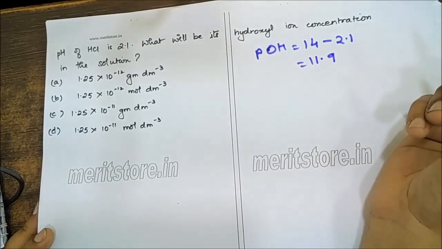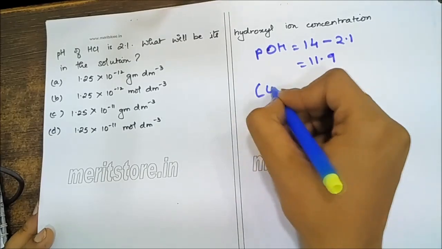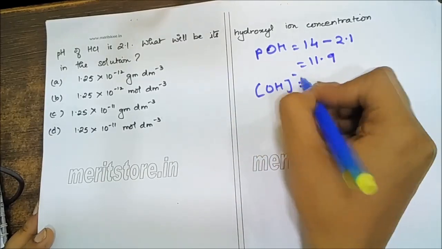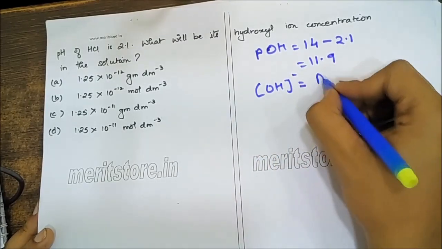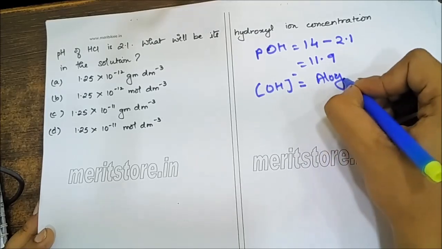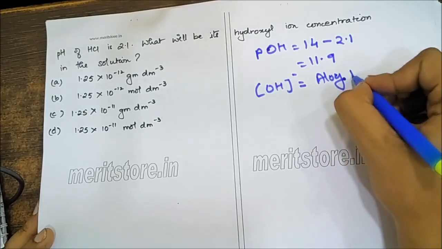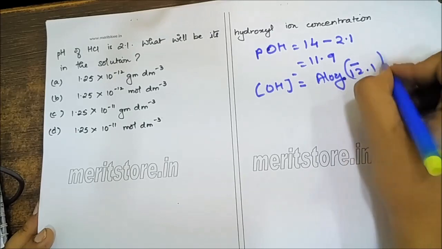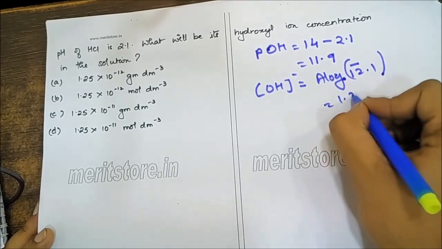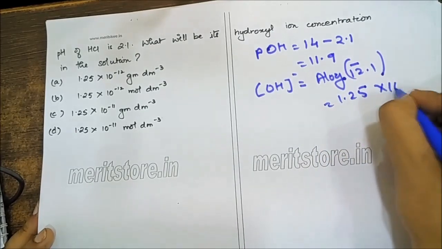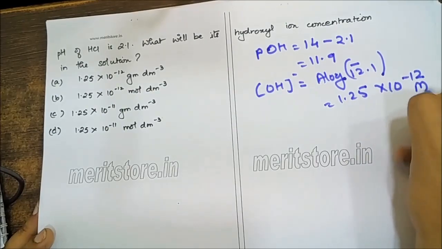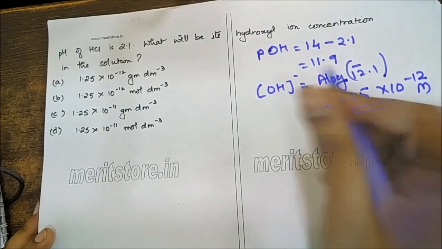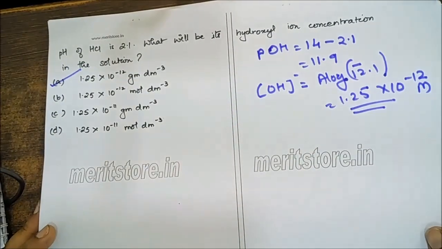Now we want to find the concentration of OH minus ions, so we will have to take the antilog. After we take the antilog of bar 12.1, we will get 1.25 into 10 raised to minus 12 molar. So this is my correct answer.